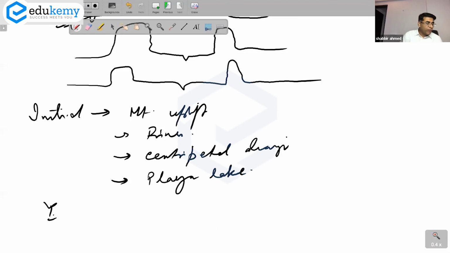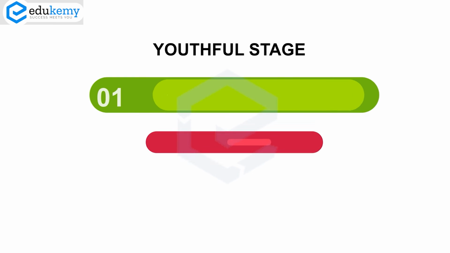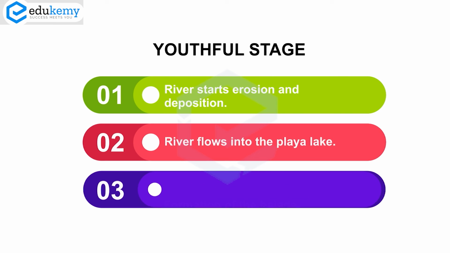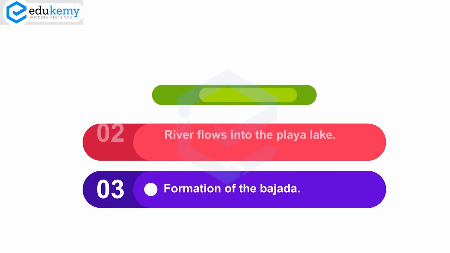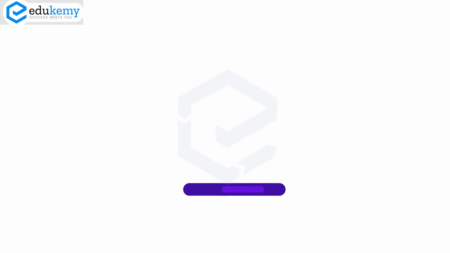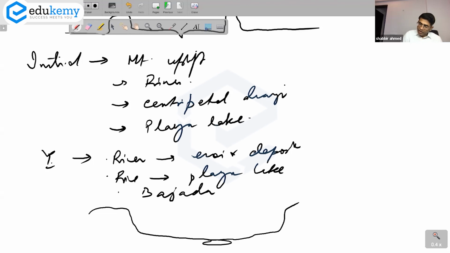In the youthful landscape, the river now starts both erosion and deposition. The river flows into the playa lake, and there is a formation of the bahada. So there is a mountain, there is a lake, the rivers are flowing along the slopes here.